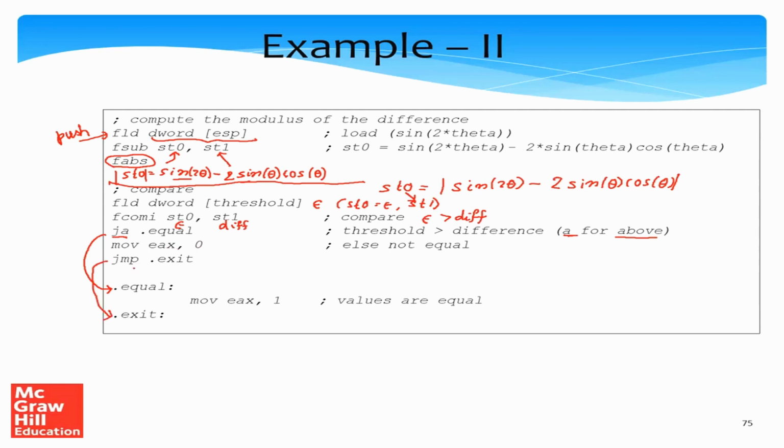But this should not happen, because this is a trigonometric identity that should hold all the time, unless there is some bug in the code. Thankfully there is no bug, and you can copy paste the code as written onto an ASM window and test. It should work just fine, and the output should always be equal to 1, which means equality between sine 2 theta and 2 sine theta cos theta exists.